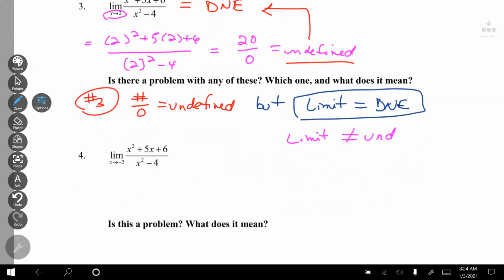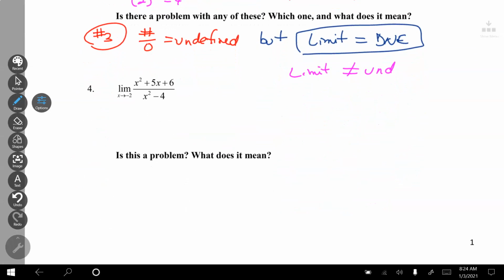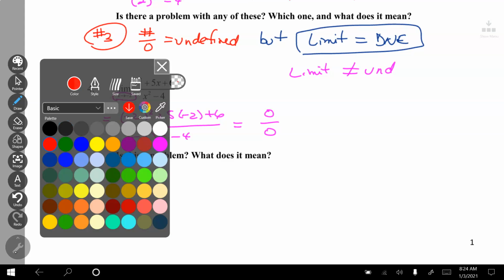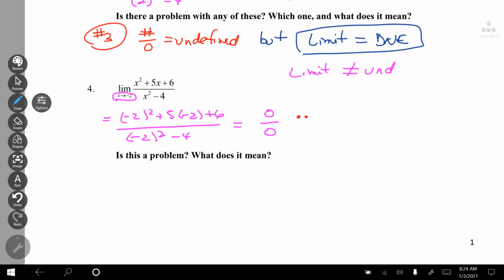Now we'll do this last problem. And again, it's telling me to plug in -2. So I get -2 squared plus 5 times -2 plus 6 over -2 squared minus 4. When I do this carefully, I get 0 over 0. Okay, well, 0 over 0 is a little bit different. I'm not happy with this. So is there a problem with this?